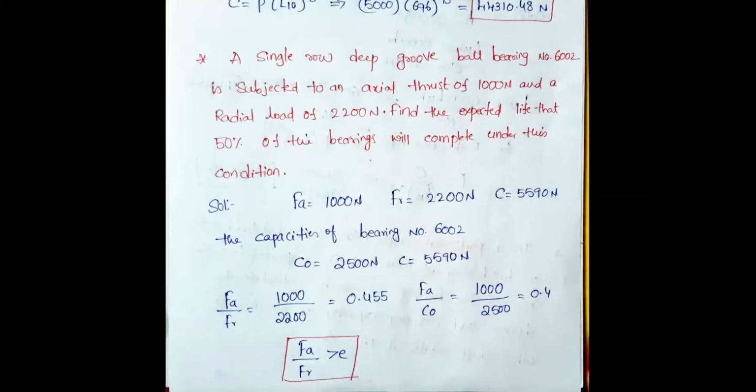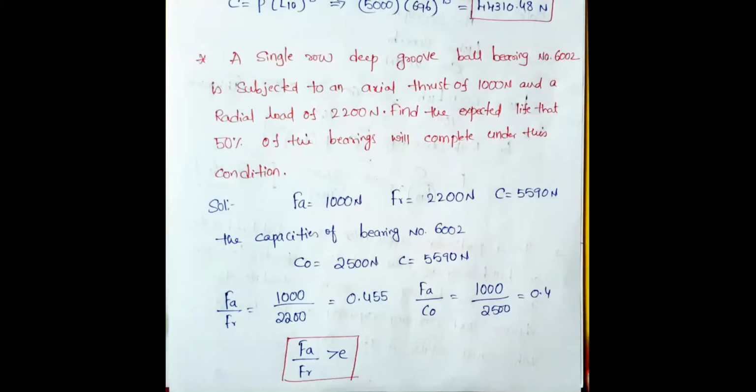Whenever FA by FR is more than E, in the data book you have X and Y values. X value is constant at 0.56 and Y value varies: 2, 1.8, 1.6, 1.4, 1.2 and 1. What if FA by FR is less than E?